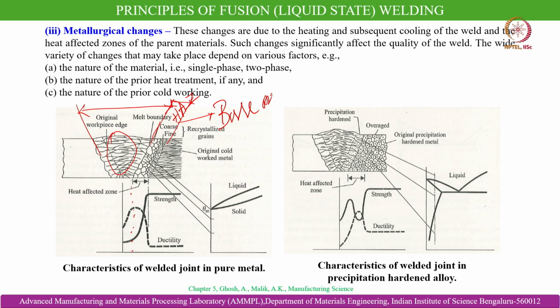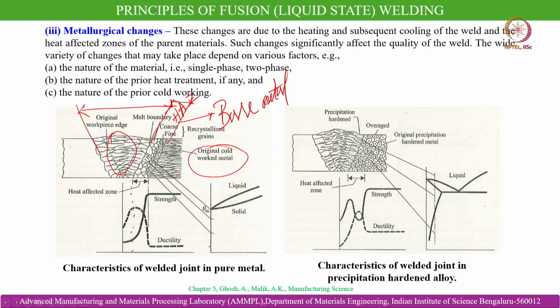You can see that in the heat affected zone, because of the heat it is experiencing due to the welding heat source, the grains got elongated, and that is why the ductility is increasing. And then when the heat affected zone is over and we enter the cold worked region, the original cold worked workpiece, you can see the ductility drops.